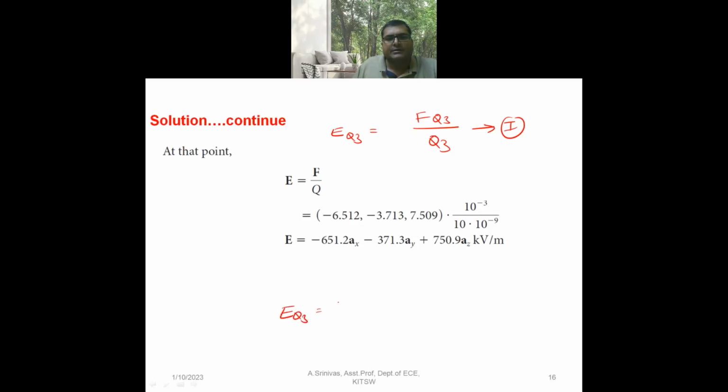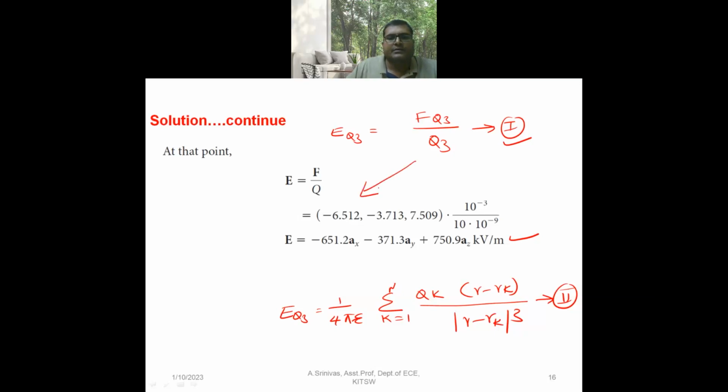The force on Q3 is equal to 1 by 4 pi epsilon, summation Qk times r minus Rk, K is from 1 to n, over modulus of r minus Rk cube. You can follow this general equation, or you can calculate from the force also. You will get the value of electric field intensity from this equation.